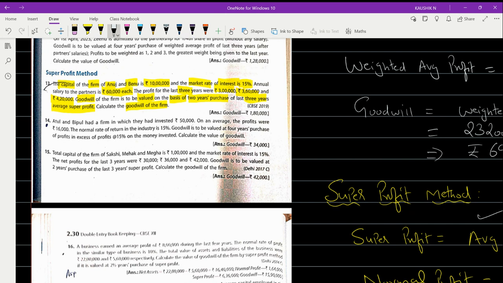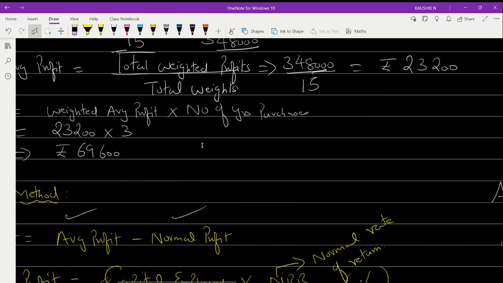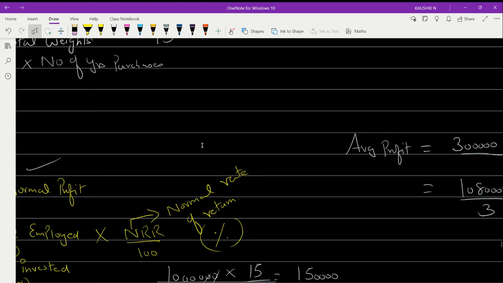Annual salary to the partner is 60,000 each. How many partners are there in this problem? Two partners. So ஒருத்தருக்கு 60,000 annual salary, ரெண்டு பேருக்கு எவ்வளோ ஆச்சு? 60,000 into 2, not divided by 2.